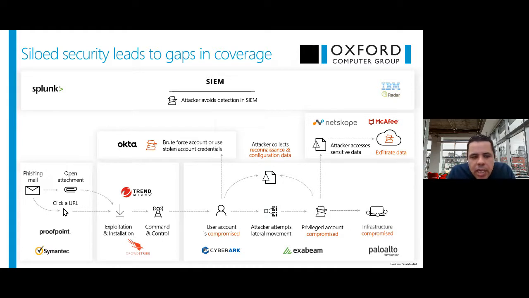It illustrates how a successful phishing attempt works its way through an organization and compromises a user account. That compromised user account is then used to elevate privileges in an organization, which leads to lateral movement within that organization to a more high value asset. And then there's the exfiltration of data, or worse, the entire domain can be compromised.